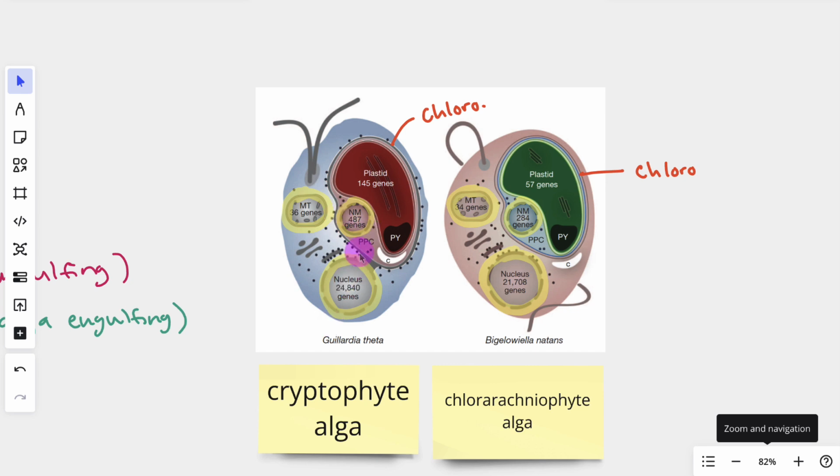So you can see actually inside the chloroplast, there's a little nucleus remnant. It has some genes in it still. The same with the chlorarachniophytes. They've got a nucleus inside their chloroplast, but also a nucleus inside the cytoplasm like normal. It's showing us that this chloroplast came from an organism that had its own nucleus, which was the red alga in this case, or the green alga in this case.